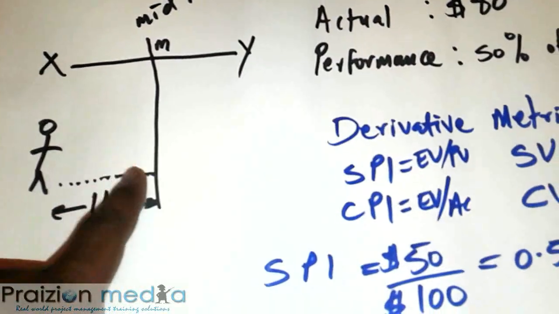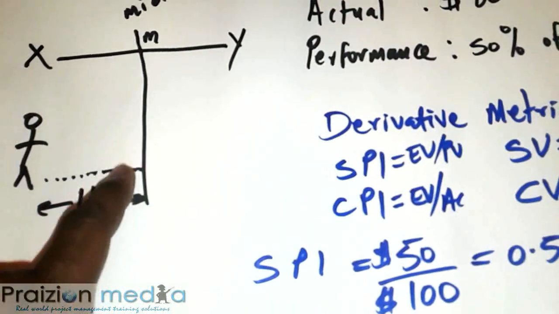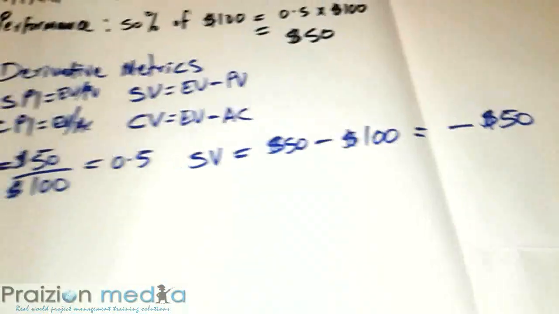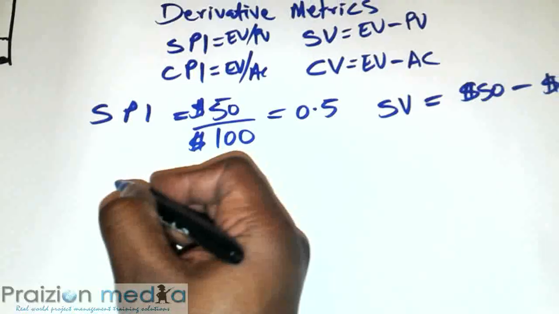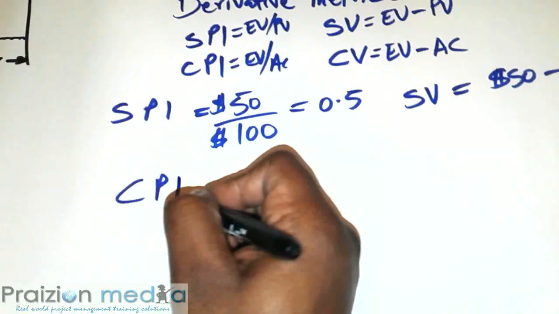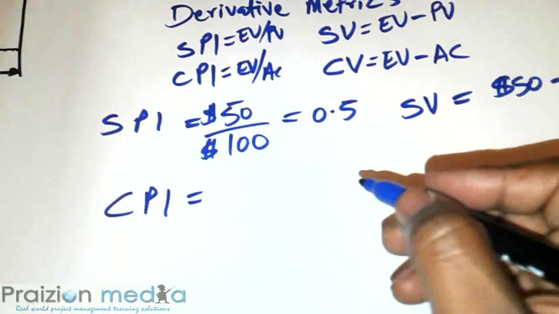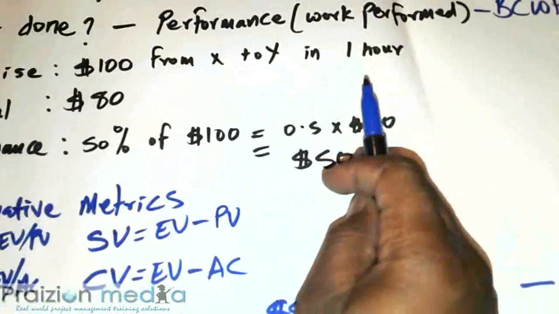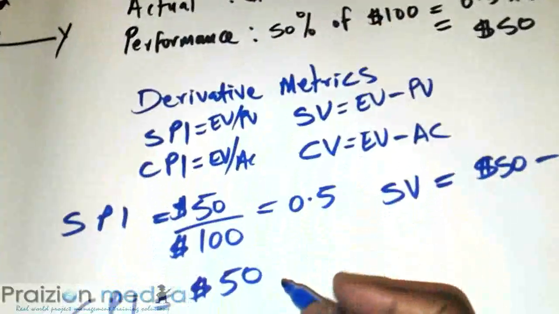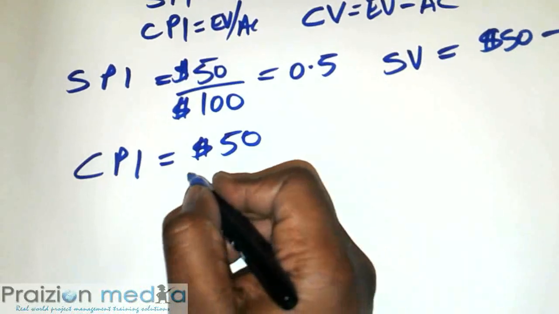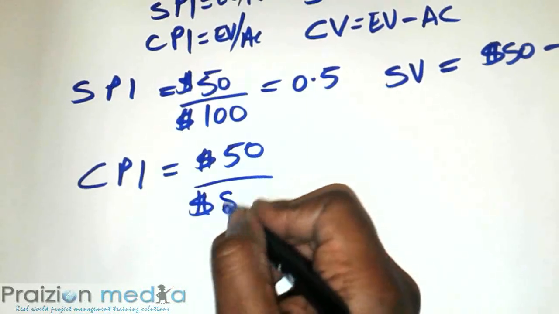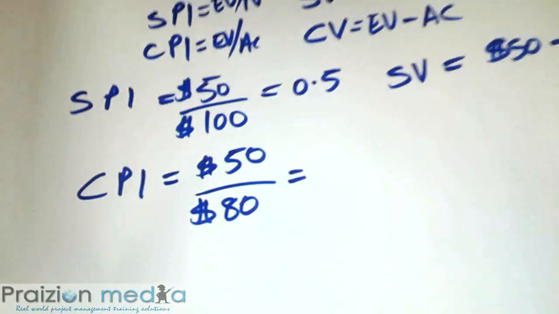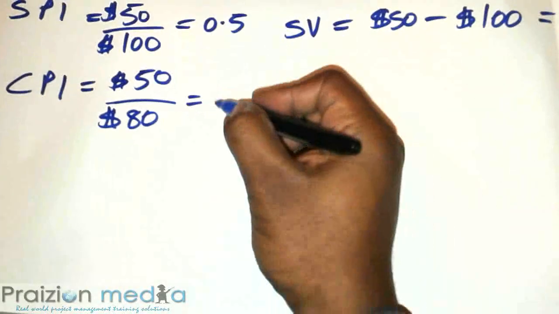Well, he's $50 behind because at 1 hour he should have gotten that done. Okay? Take a look at the CPI. CPI is equal to the earned value of 50 divided by the actual cost of 80. What does this give us?